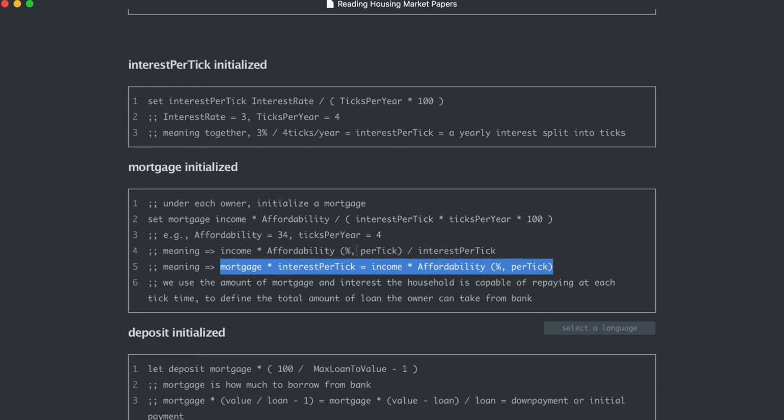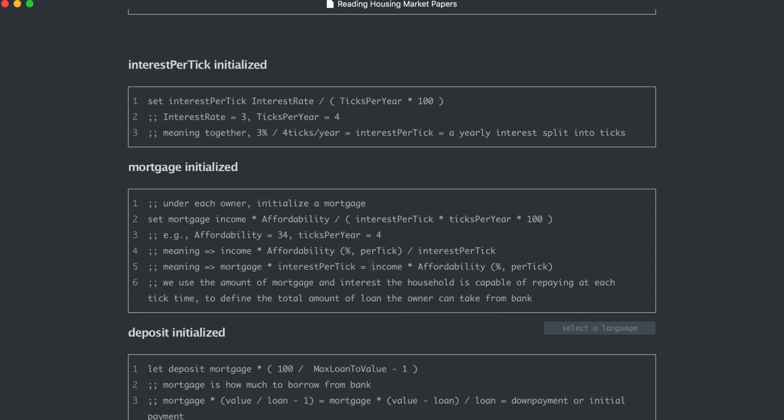The mortgage is the money we borrow from the bank to pay for the house. Because the money is from the bank, we have to pay interest, so we need the interest per tick. When the mortgage is multiplied by interest per tick, that is the amount the owner needs to pay back to the bank every tick.